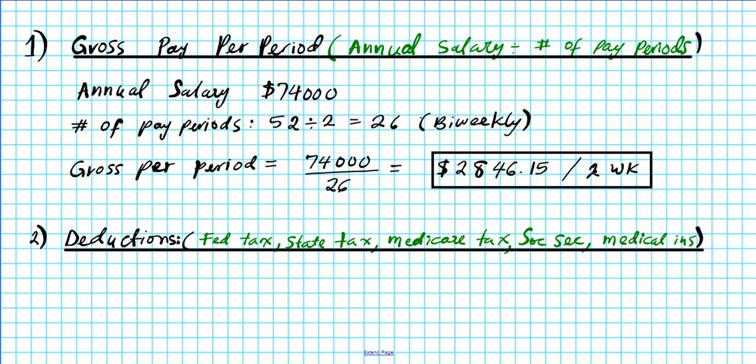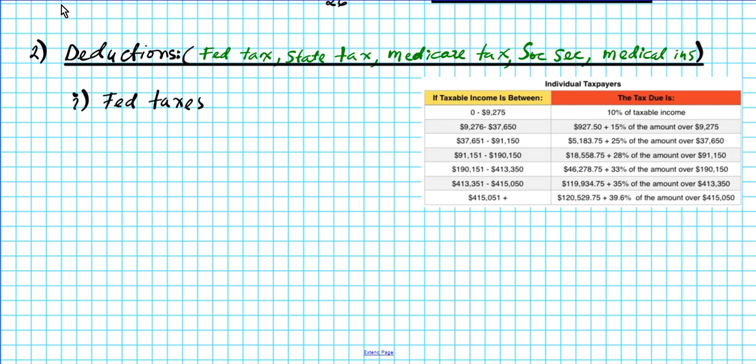Okay, let's start with the first one, federal taxes. To compute her federal taxes, we're going to be making use of this federal tax table. This is as of 2016. The first thing we want to do is figure out what tax bracket she falls in based on her earnings of $74,000 a year.